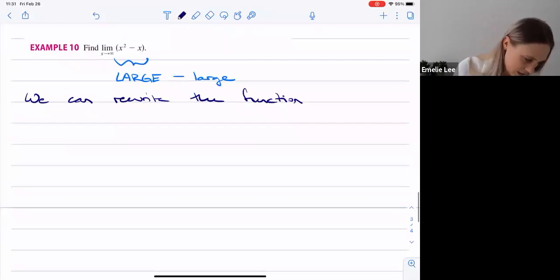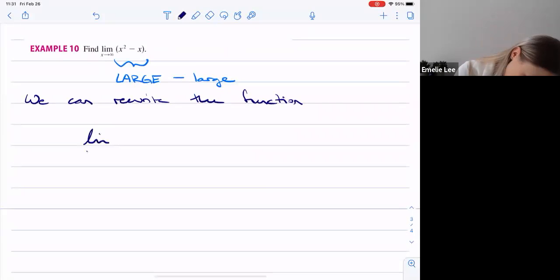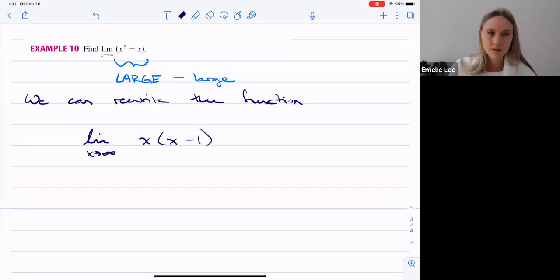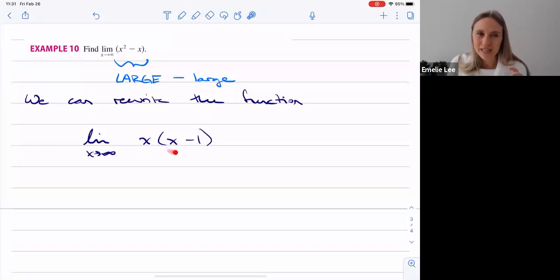So we take the limit as x goes to infinity of x times (x minus 1). Now it's obvious that infinity times infinity does in fact go to infinity. Infinity minus 1, let's just call it infinity. So now it's obvious that it's going to go to infinity, whereas here, when you're subtracting, we don't know what's going on.